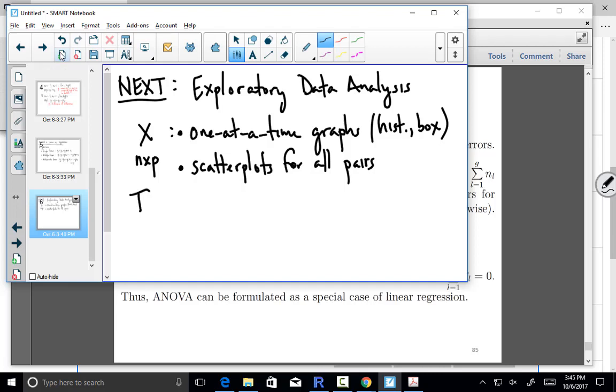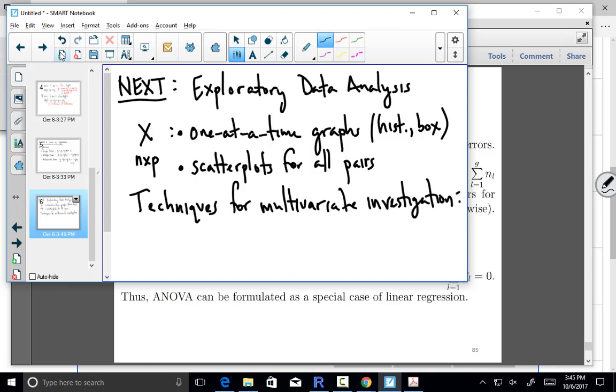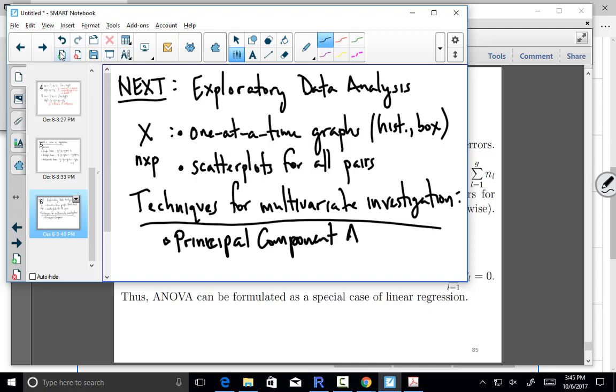Techniques that we will consider for multivariate investigation. We will see what's called principal component analysis. We will also see what's called cluster analysis.